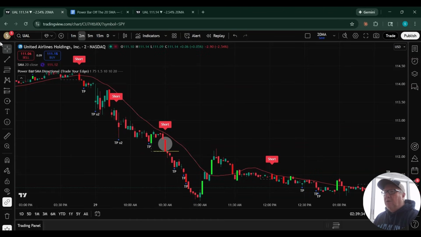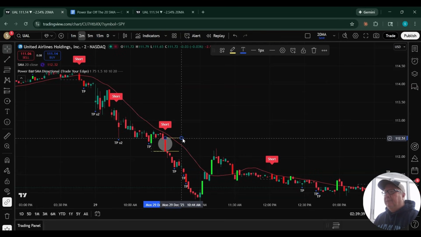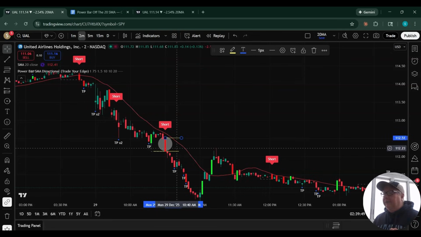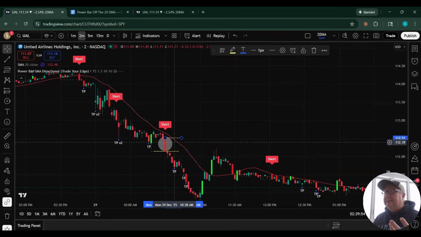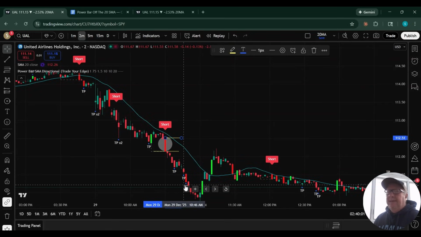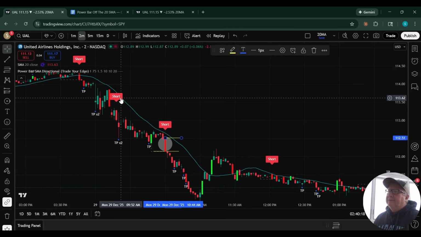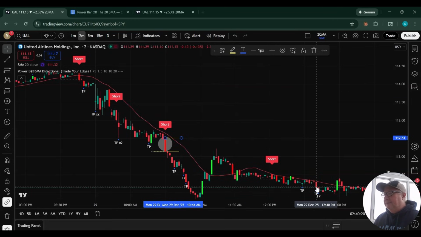And when you enter on this power bar, that's the stop, right? So that's the risk you're taking. And depending on what your system looks like, you should be looking for about 1.5 to 2 times minimum reward based on that risk, which you can see again hit in this trade, as well as this trade and this trade and this trade.